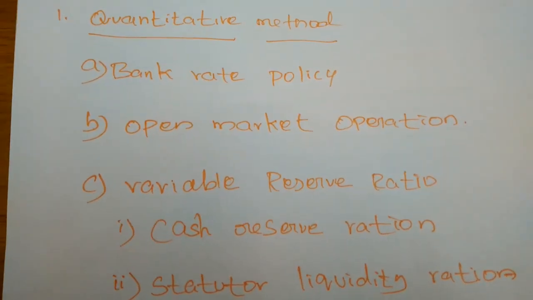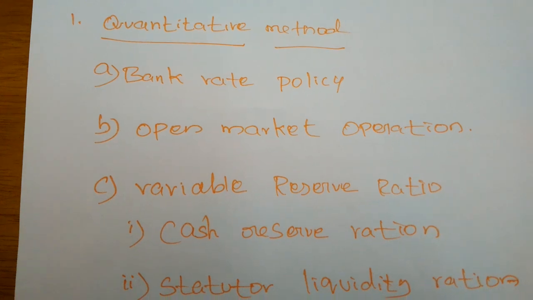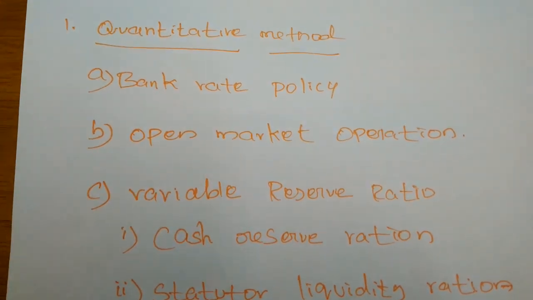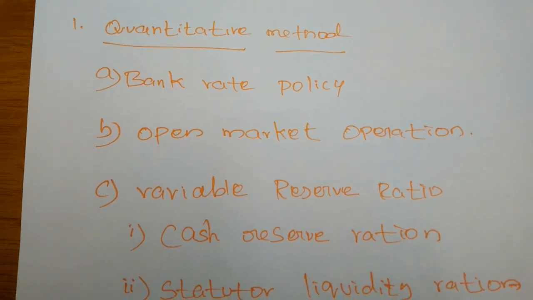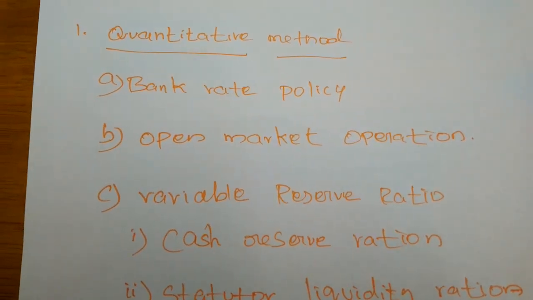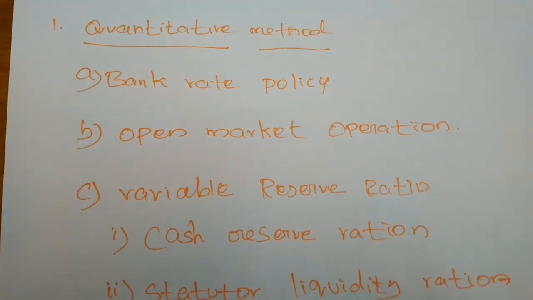If the central bank wants to control credit, it will raise the bank rate. As a result, the deposit rate and other lending rates in the money market will go up, so borrowing will be discouraged and will lead to contraction of credit, and vice versa.